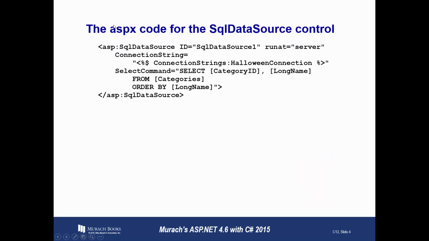Now, this connection string that you see right here provides the information necessary for you to connect to the database. Okay? This connection string will be stored in the application's web.config file. When you create a data source, you've got your choice.